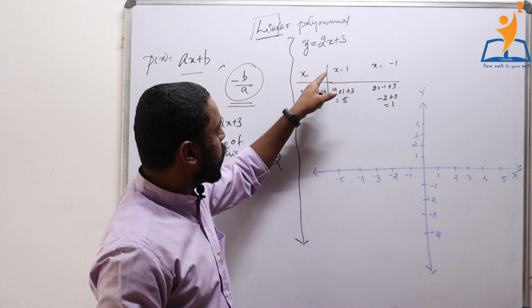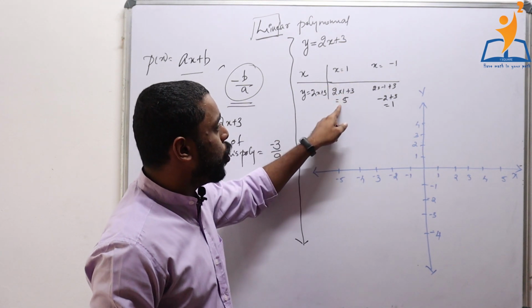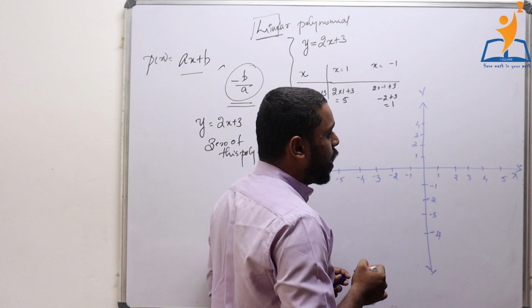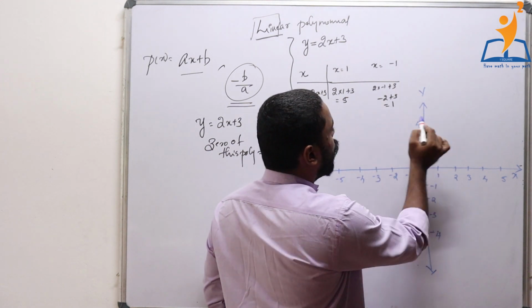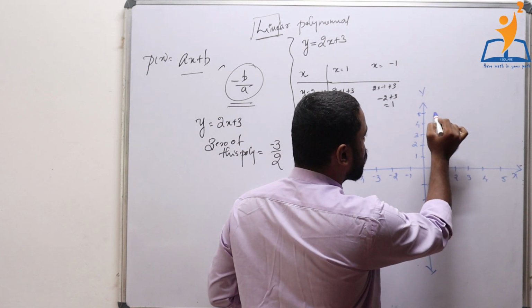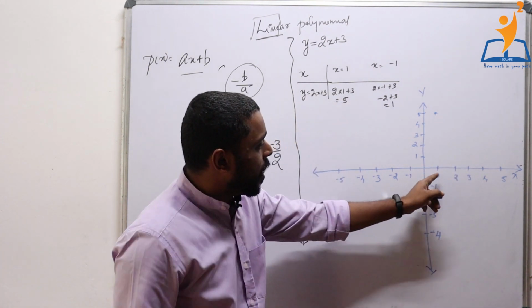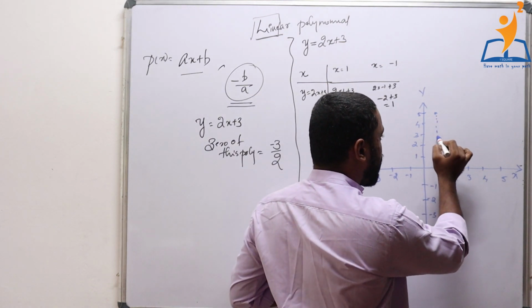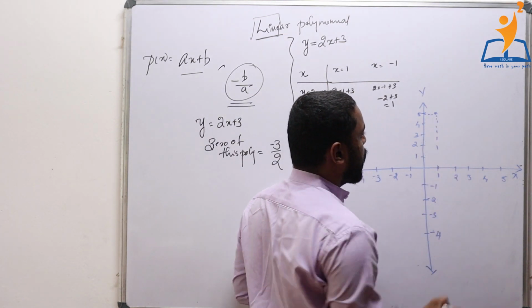Okay. Now we know that when x is equal to 1, the value of y is 5. That is, whenever x equal to 1, the value of y will be 5. That is, the point is nothing but (1, 5). So our point will be here. In order to plot the graph, we should mark the point like this.